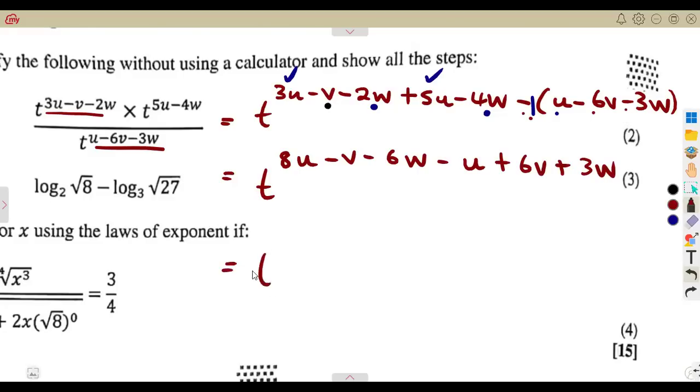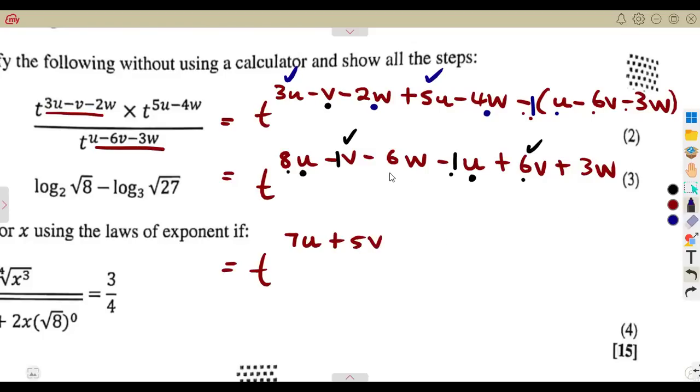So this was going to give us what? If we collect like terms again, 8u and negative u here, this is 8 minus 1, which is 7, so we're going to obtain 7u. The part of v, there's a minus v here and there's also a 6v here. So this is minus 1 plus 6, which is 5, so we're going to obtain 5v.